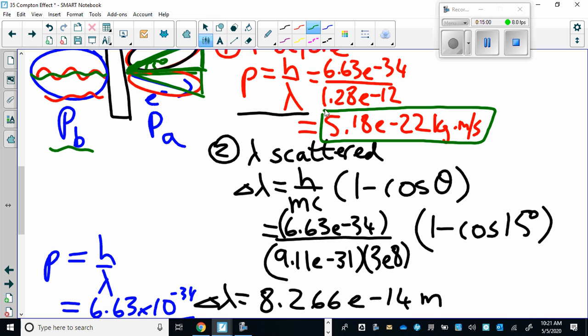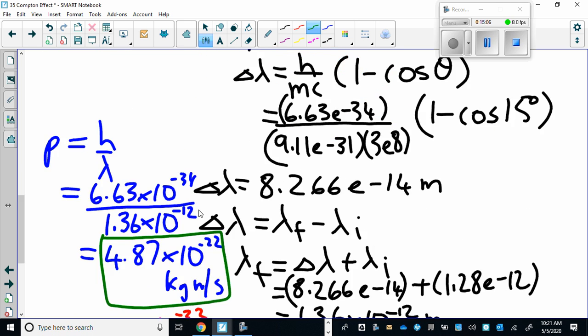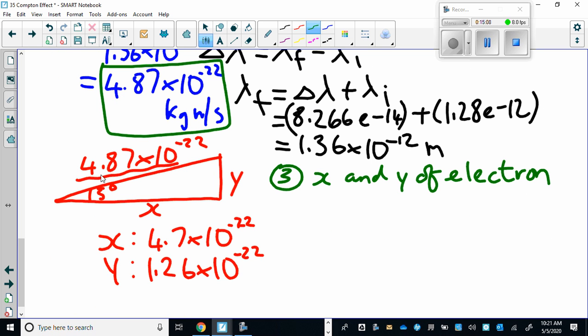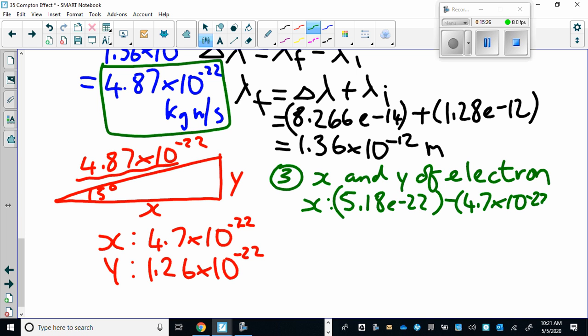So again, the initial momentum of the X-ray was all horizontal, and it was 5.18 times 10 to the negative 22. The final momentum of the X-ray is 4.7 times 10 to the negative 22. Therefore, the X component of the electron must be... oops.